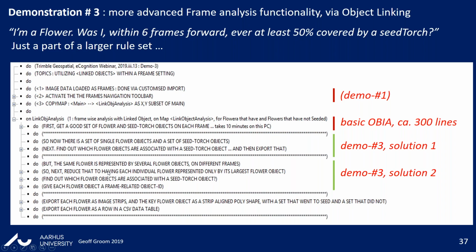Therefore, all we need to do is to find the flower object of a flower, which is its largest representation of that flower, and use that for the query into finding out whether it's been turned into a seed torch object. So that's a sort of a development from that point to that point, and we'll be able to explore both of those in the demonstrations.